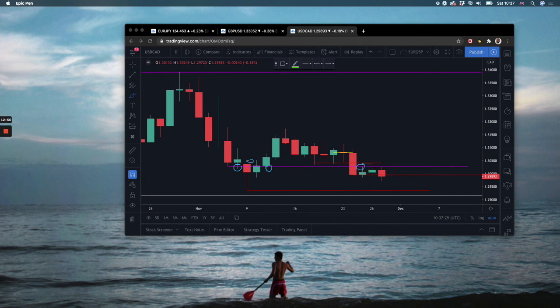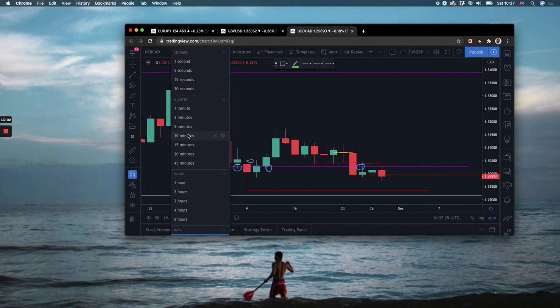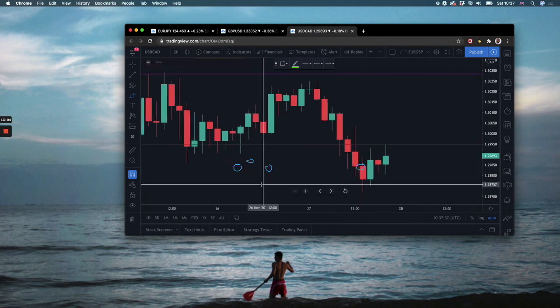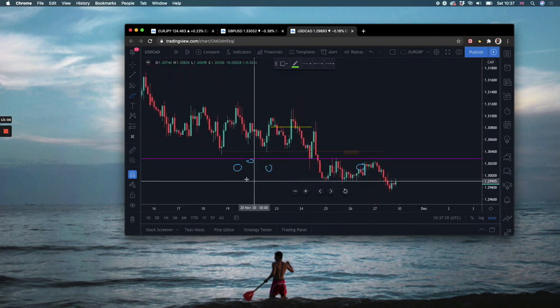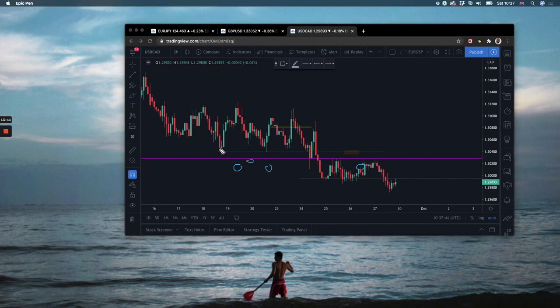If we then go into the 2 hourly, selling climax here again, support, support, support, and it's yet to test through, so potentially it may become resistance.